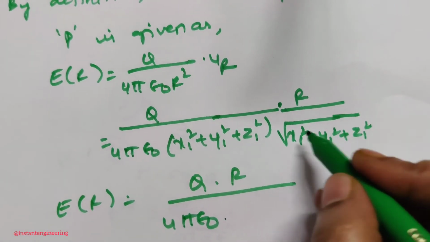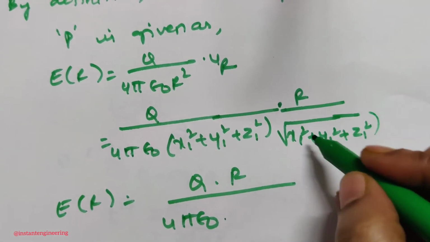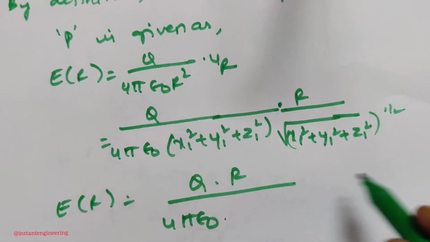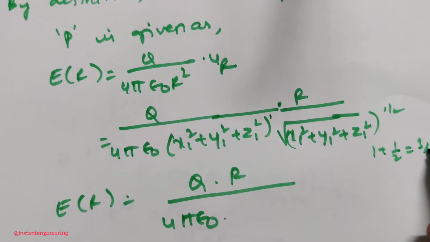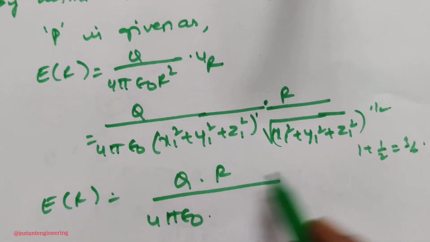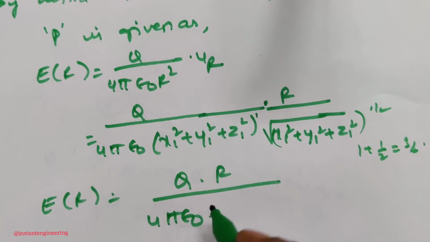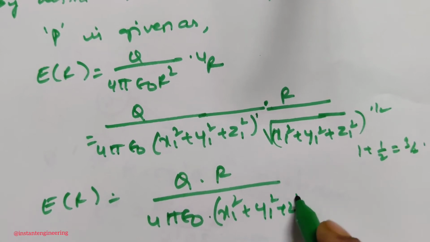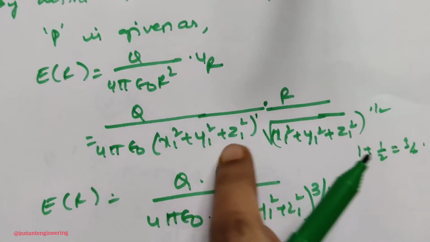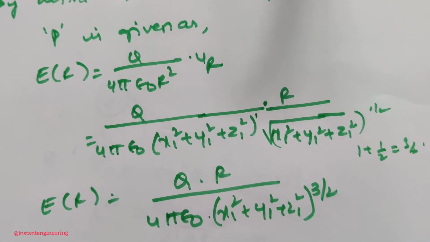The square root is raised to 1 by 2, plus this is 1, so 1 plus 1 by 2 will be 3 by 2. For people who don't understand, I'm writing a little more clearly: x1 square plus y1 square plus z1 square to the power 3 by 2. If you solve this, you'll get this.